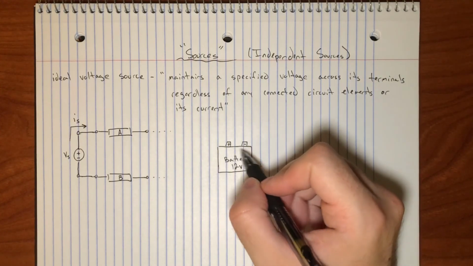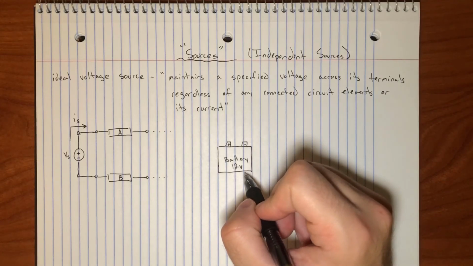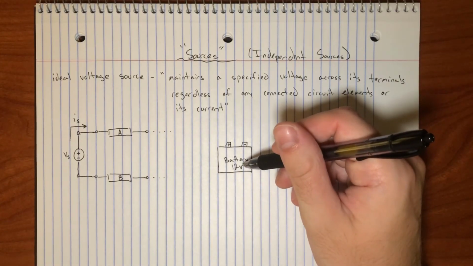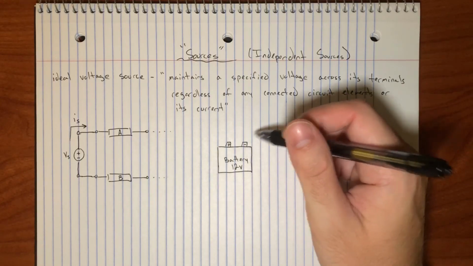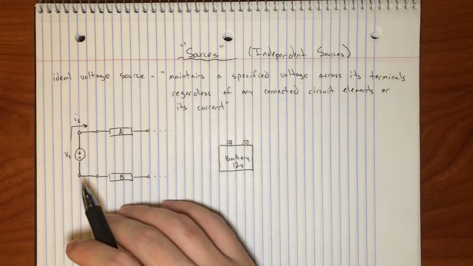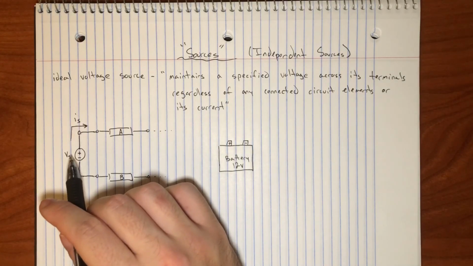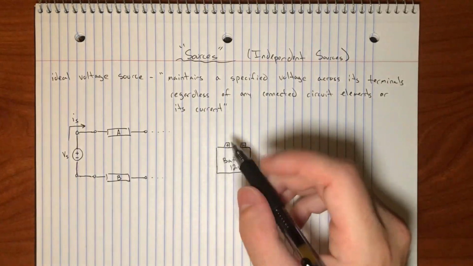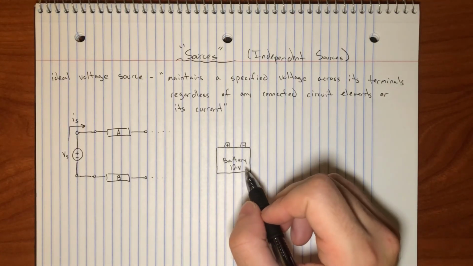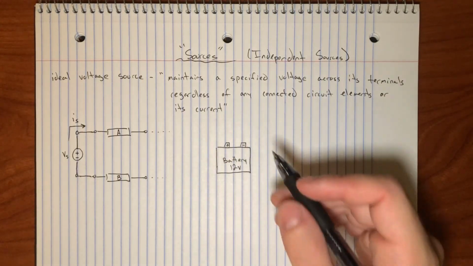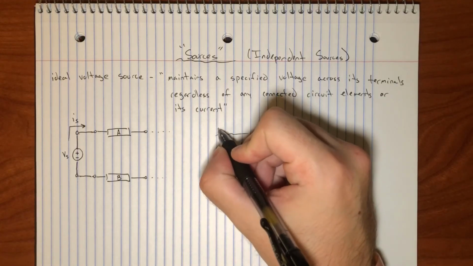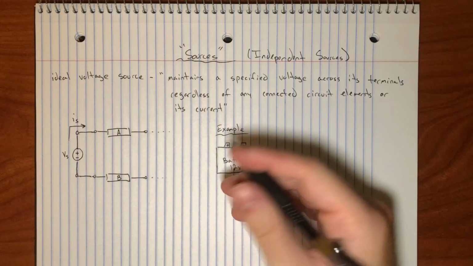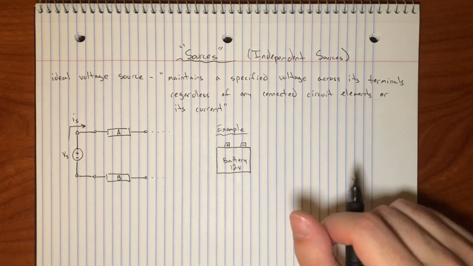Any amount of current you draw from your battery will reduce its voltage by some amount, and ultimately you can completely destroy your battery if you pull too much current from it. In theory, these ideal models could supply infinite current, but of course there's no real voltage source that can behave that way. So a battery is a great example of a voltage source, and a familiar one that any person can relate to.